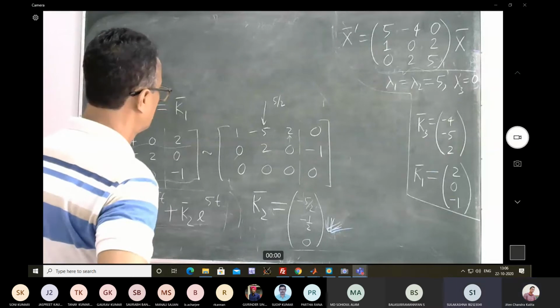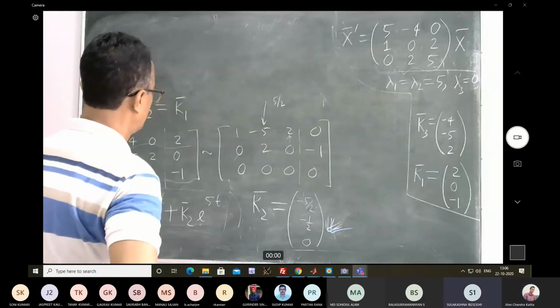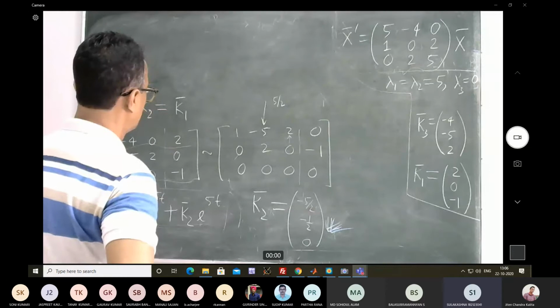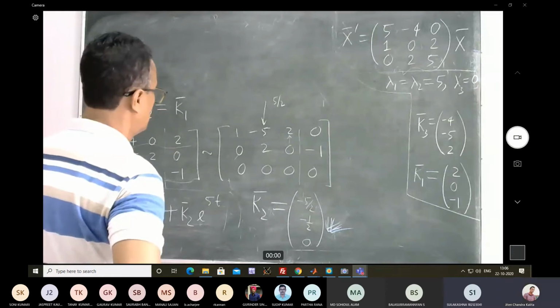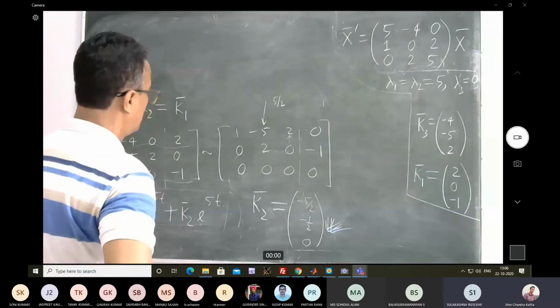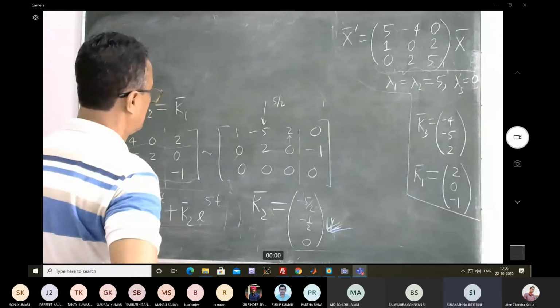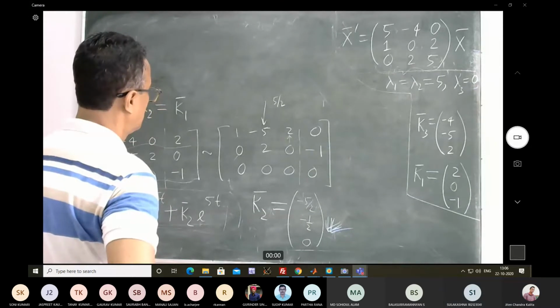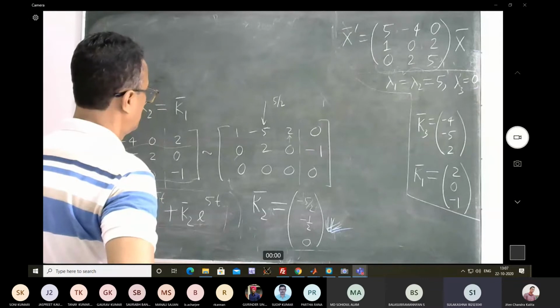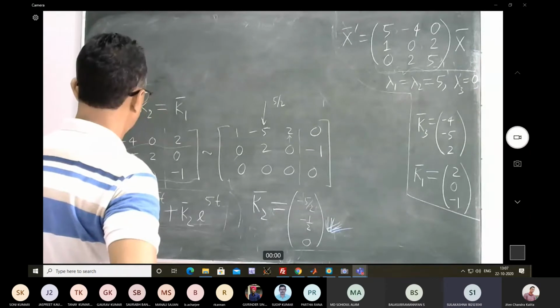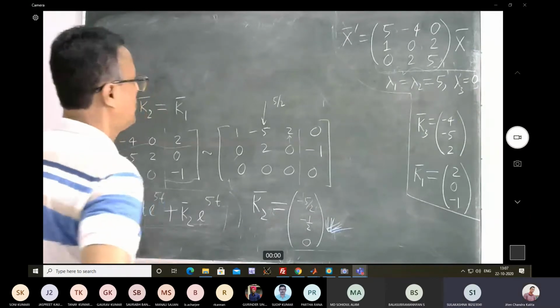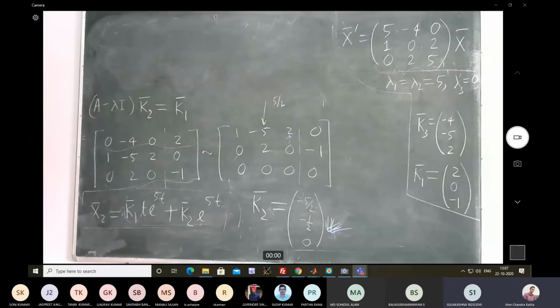Sorry, sir. You have written k2 bar is equal to minus 5 by 2, minus 1 by 2, 0 only. So the solutions of this system will be this k2 plus a scalar multiple of minus 2, minus half, and 0.